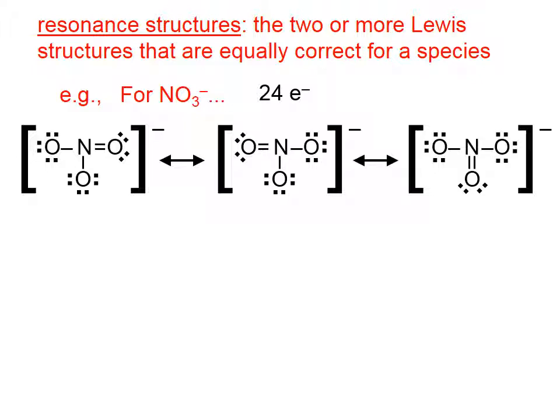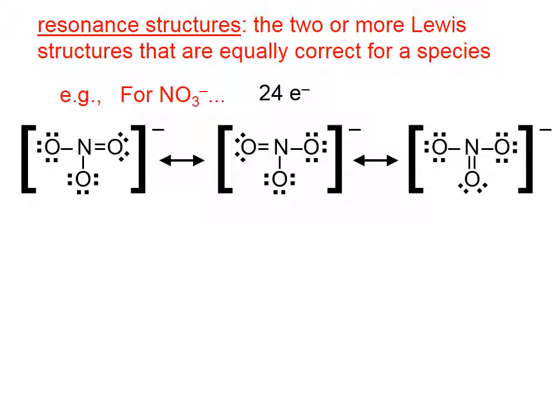We don't quite buy that jumping around idea anymore. Instead, this double bond, we believe, is smeared out. It's spread out equally over all these 3 bonds, which is to say that these nitrogen-oxygen bonds are not single bonds, they're not double bonds, they're something in between.